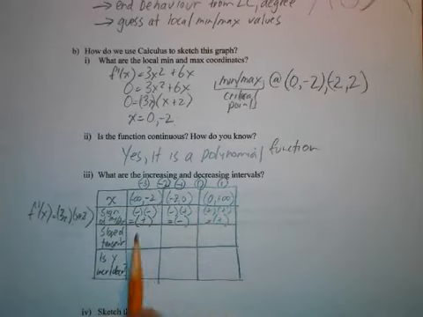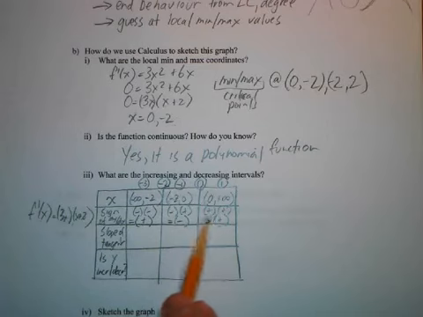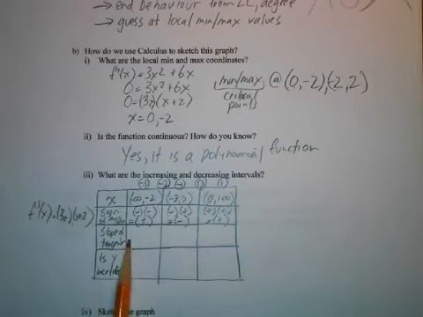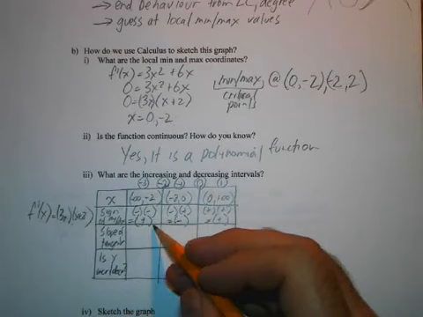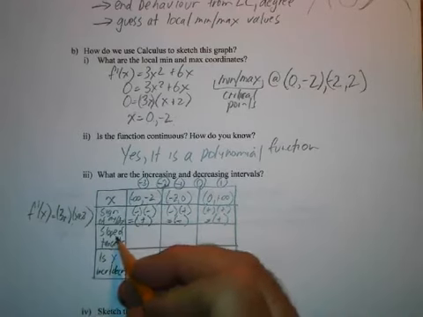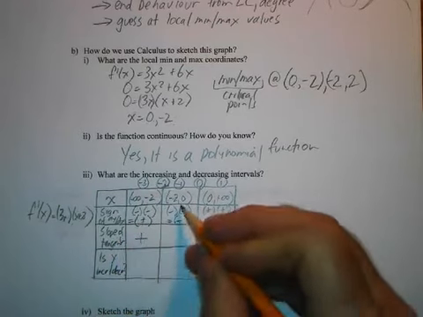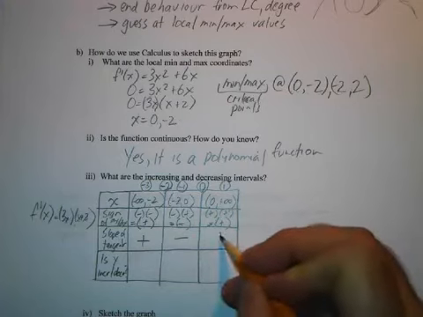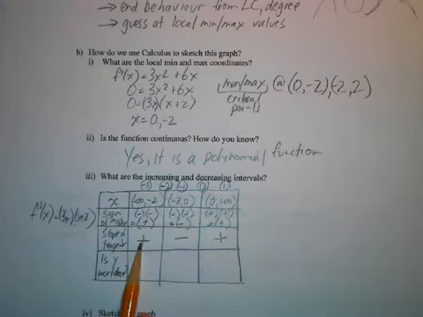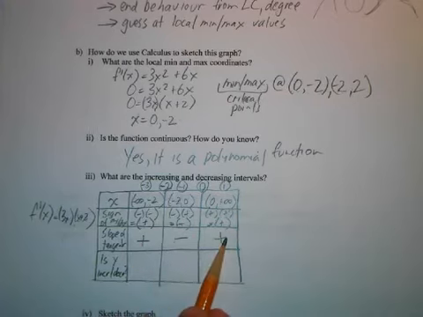So I have two intervals where the sign of the derivative is positive, and in between them, that interval is negative. So the slope of the tangent here will be positive. Slope of the tangent here is negative. Slope of the tangent here is positive. So that means increasing, decreasing, increasing.